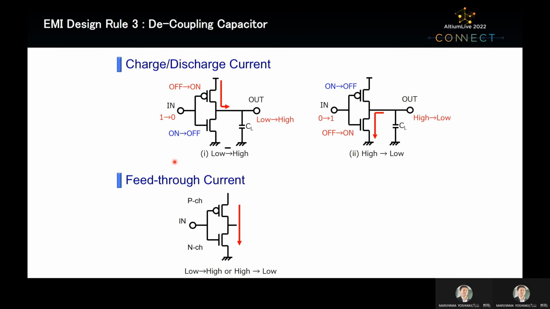At the intermediate potential of the input voltage, there is a time when both the P channel and N channel are turned on instantaneously, at which time high current flows from the power to the ground. These two types of current allow noise current to flow between the IC power and ground pins.